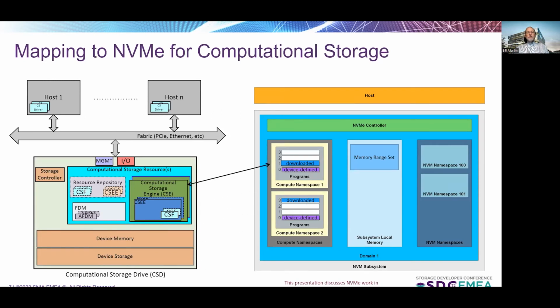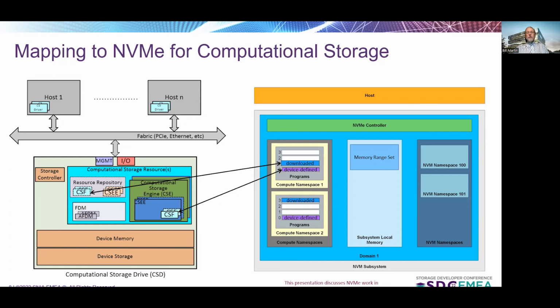First, we have the computational storage engine that maps to the compute namespace. You will see within this diagram that within the compute namespace, we have programs. These are the equivalent of the CSFs in the SNIA model. And as I mentioned earlier, you have downloaded or device-defined, which are the equivalent in the SNIA model of downloaded or preloaded.